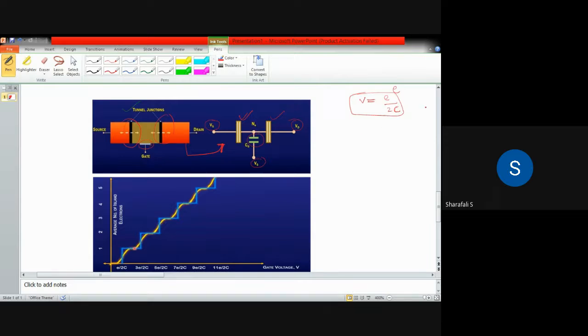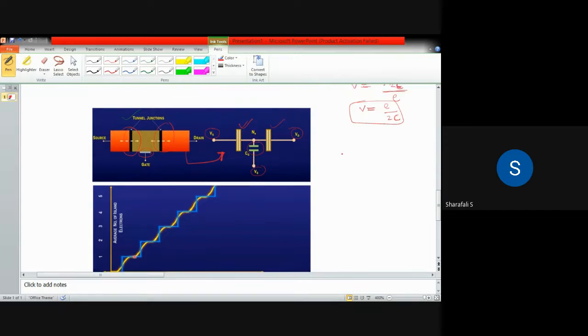As you know, the energy, that is the Coulomb blockade, will be equal to E square by 2c. So if you change this capacitance value, your E will be different.